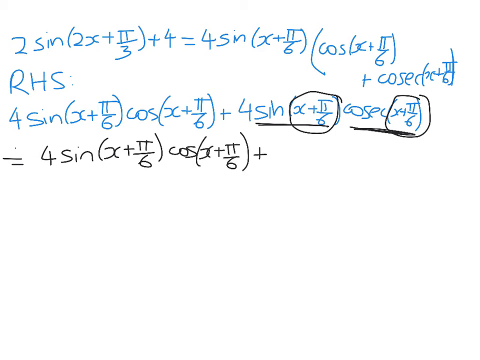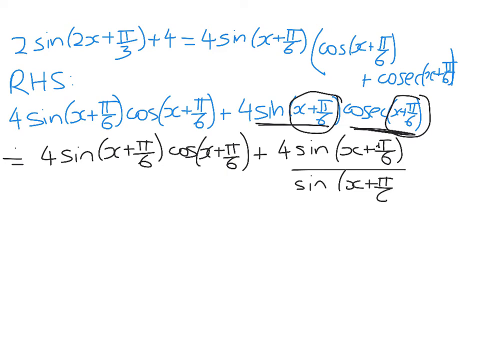I'm going to write this out very fully, so it's going to be 4 sine x plus pi on 6, divided by sine of x plus pi on 6. Okay, and they simplify to give me 1, leaving me with this thing here.